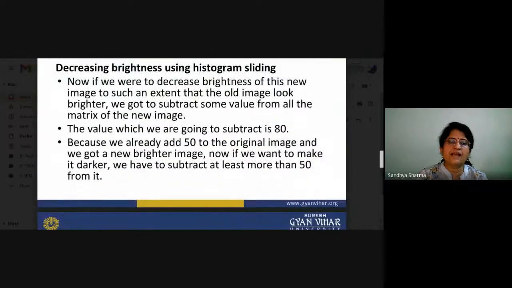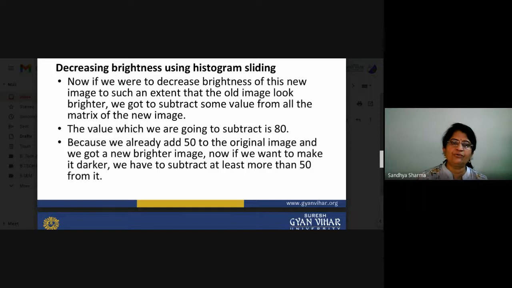Now, what happens when we decrease the brightness using histogram sliding? If we were to decrease the brightness of this new image to such an extent that the old image looks brighter, we have to subtract some value from the whole matrix of the new image. The value we are going to subtract is 80, because we already added 50 to the original image and got a new brighter image.